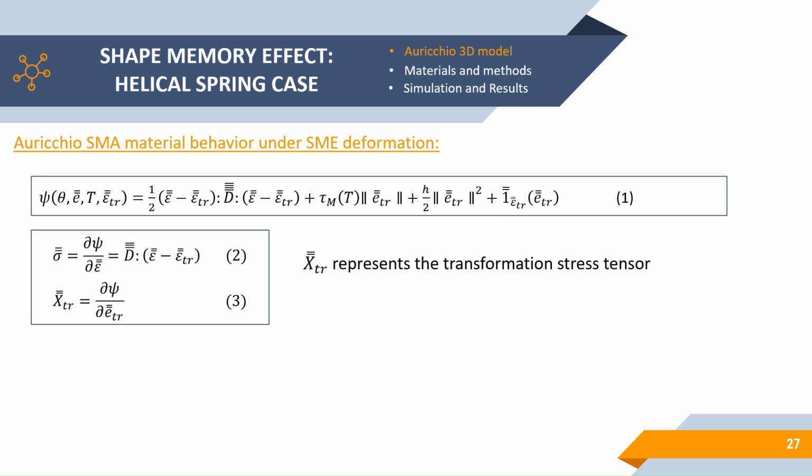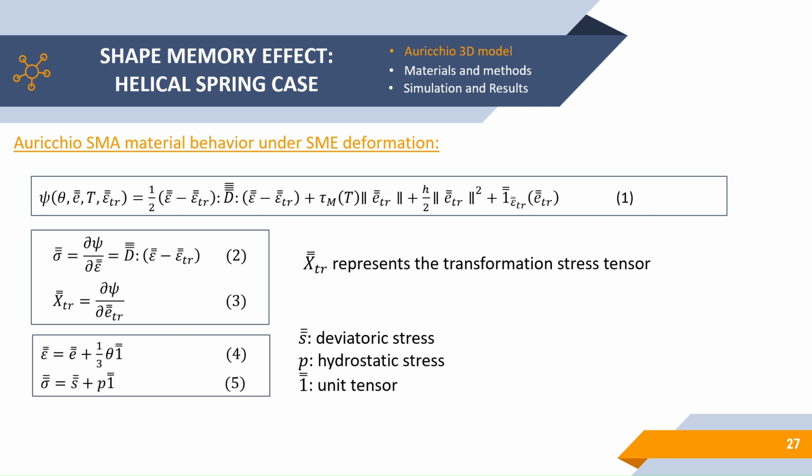Accordingly, we can write sigma equal to the derivative of psi with respect to epsilon, and XTR equal to the derivative of psi with respect to ETR, where XTR represents the transformation strain tensor. Now, splitting the stress and the strain tensors, we obtain equations 4 and 5, where S is the deviatoric stress, P is the hydrostatic stress, and 1 is the unit tensor.